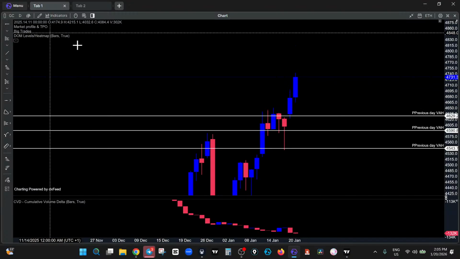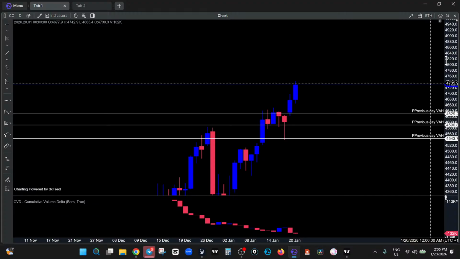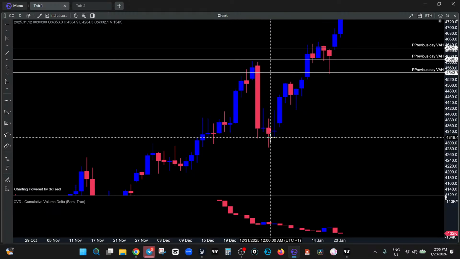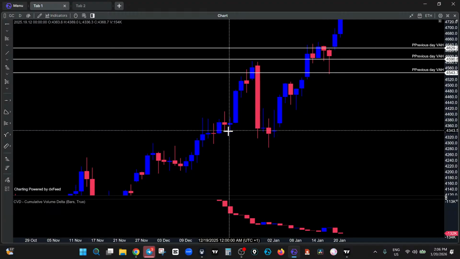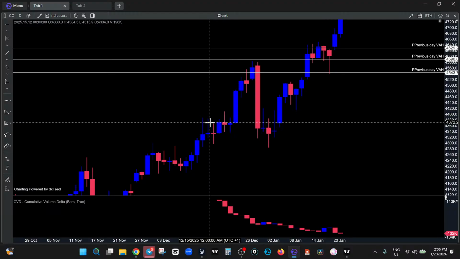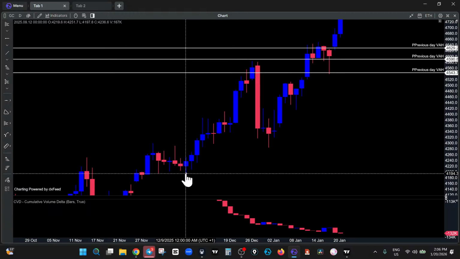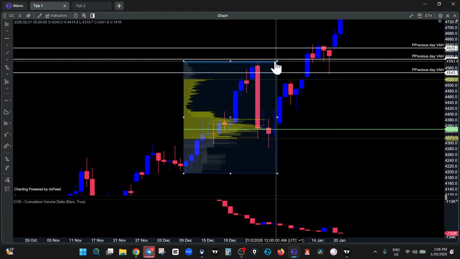Okay. So this is the daily. If you want to understand how market moves, now, for example, why did this market come all the way down? First of all, we knew that this is an area of acceptance, right? But to have a visual, we have to use the volume profile. So all I need to do is to draw from here to here, that top there.